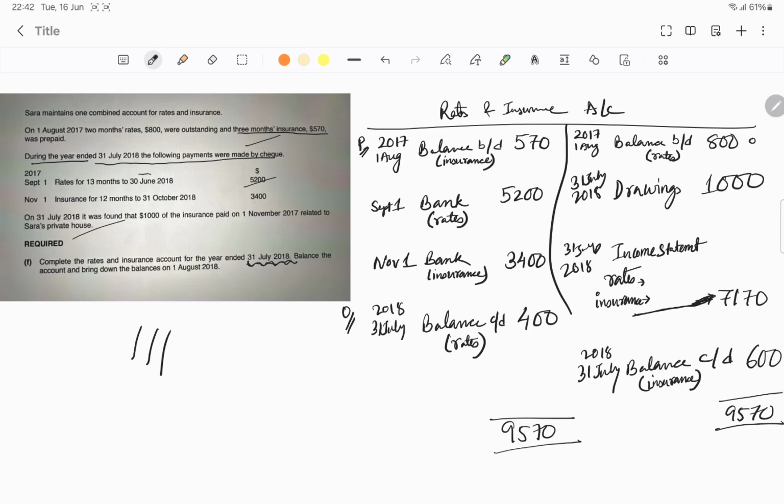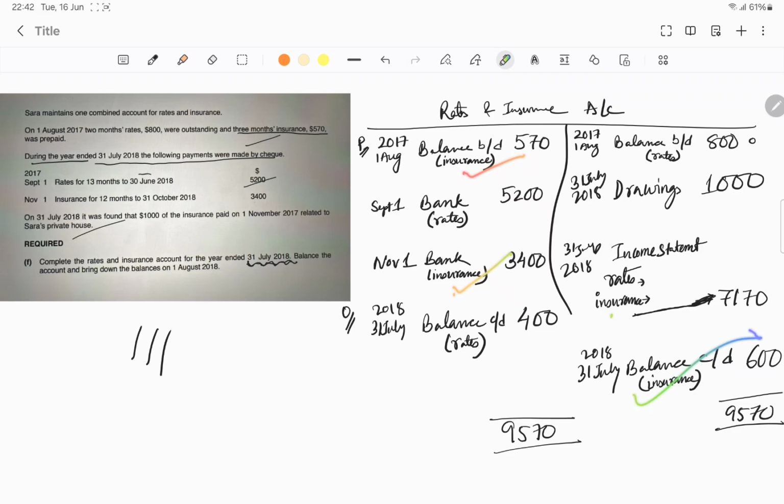For insurance, see what insurance amounts are given. Is there anything extra? No, nothing extra.